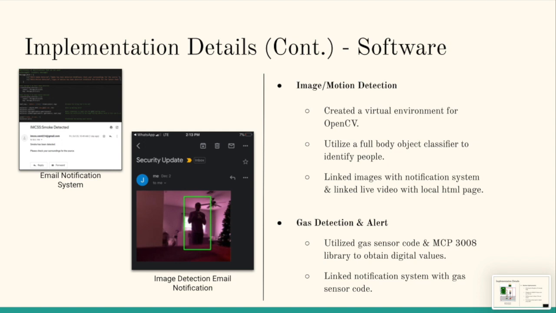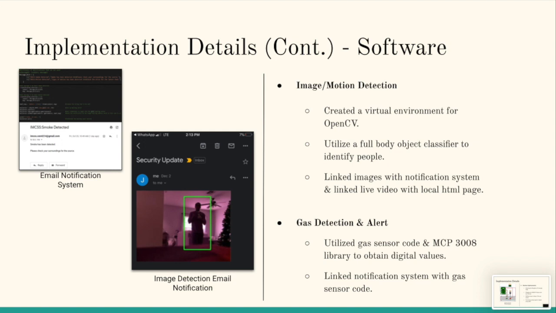We also modified the HTML code that the program itself would make, since the program establishes a web server on the local network and relays the live video footage. We also modified the HTML and the CSS of that local web page so that it would be displayed a lot nicer, and you'd be able to see the video feed a lot better.